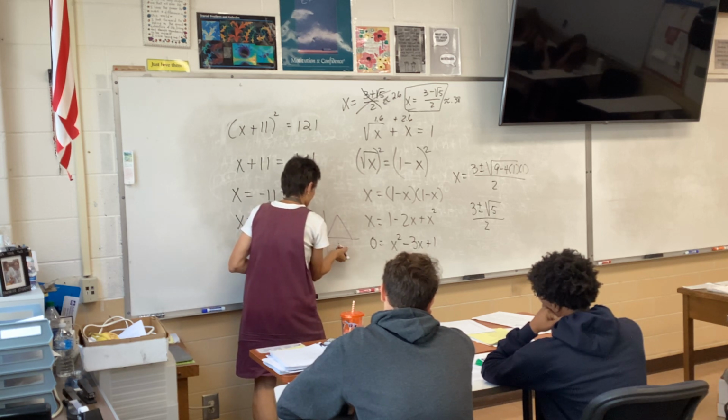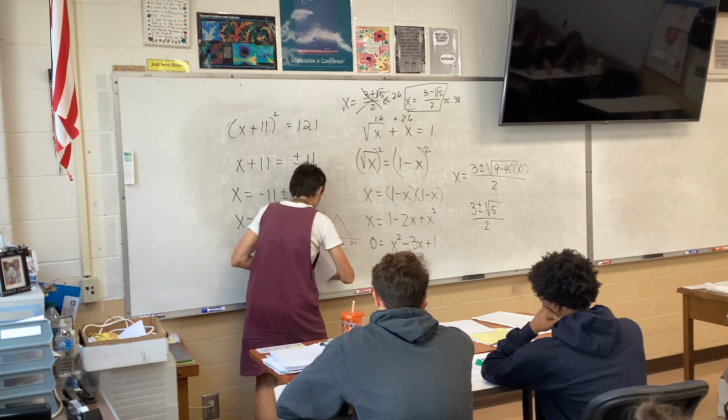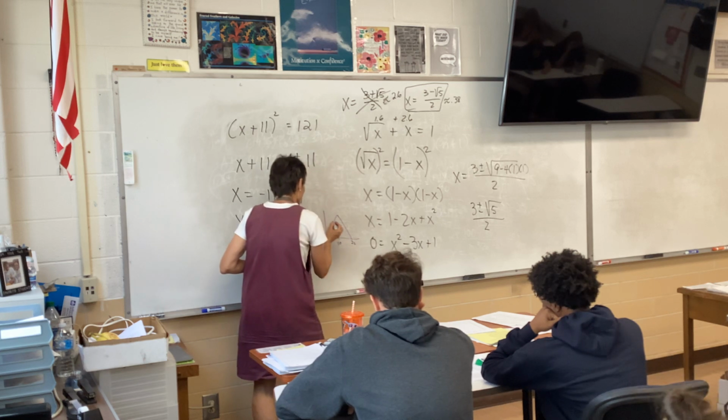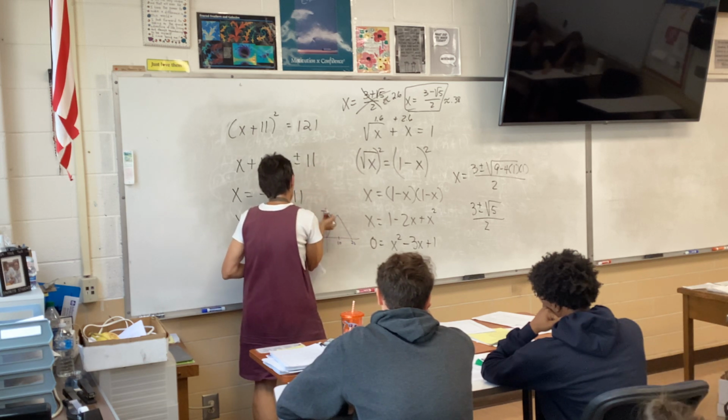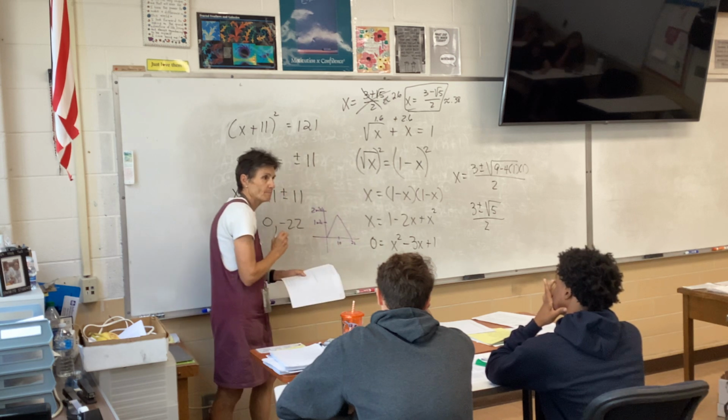So time, let's say this is 1 o'clock and this is 2 o'clock, or let's do minutes. Let's say this is 10 minutes and this is 20 minutes. And this is, I don't know, 2 miles. This would be 1 mile, and so on, all right? That's the distance, that's the time.